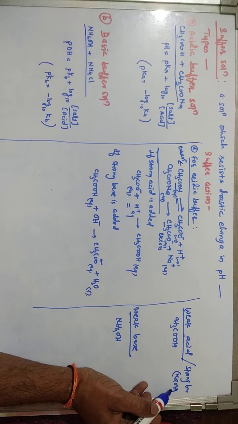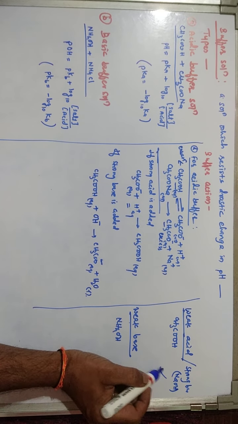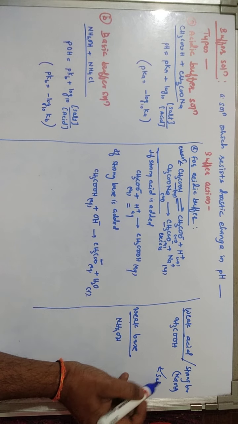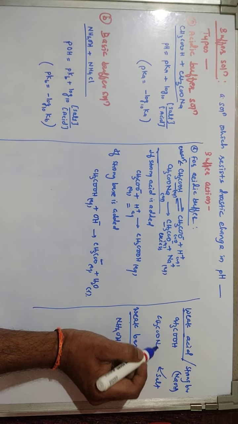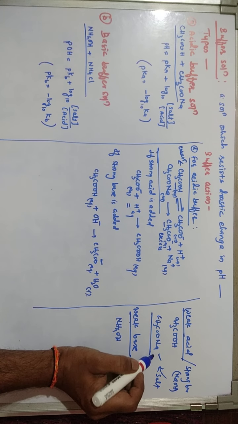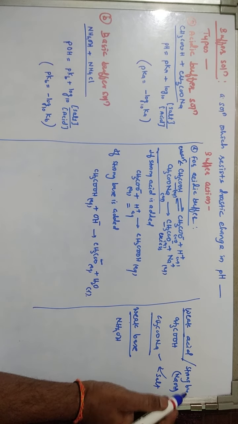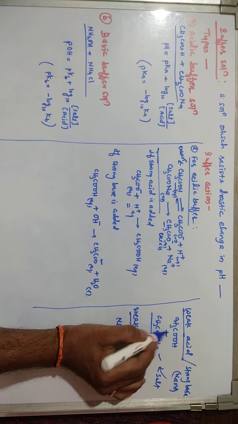H and OH react to form H2O, and the salt formed is CH3COONa. This salt is called the salt derived from the weak acid and strong base. So this combination we need here.